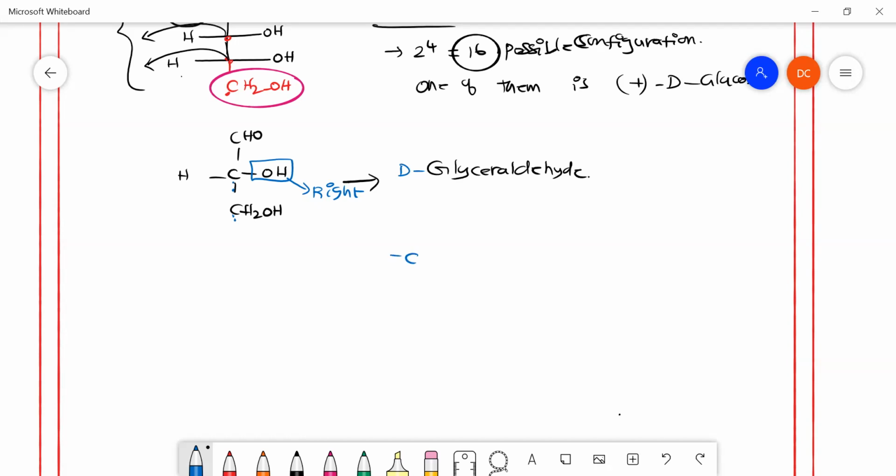If the OH group is present on the left side, it is called L-glyceraldehyde, with CH2OH. Why? Because the OH group is on the left side. Based on whether the OH is on the right or left, it varies. This is L-glyceraldehyde. Is it clear?